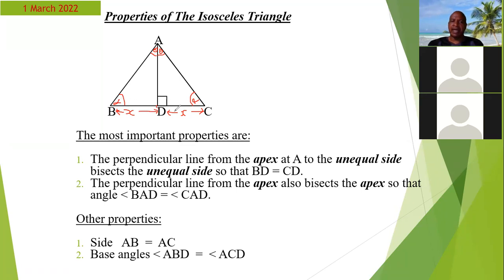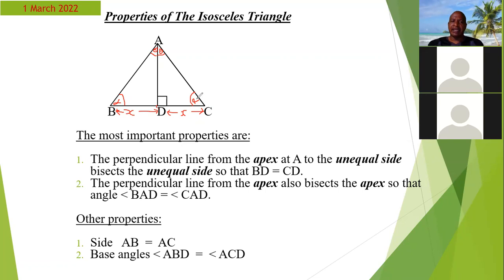And you know that the base angles occur with the unequal side. So if you know the unequal side of an isosceles triangle, and you know one base angle of that unequal side, then you will automatically know that the other base angle would be the same. And so you could use one base angle to calculate all the angles in an isosceles triangle.